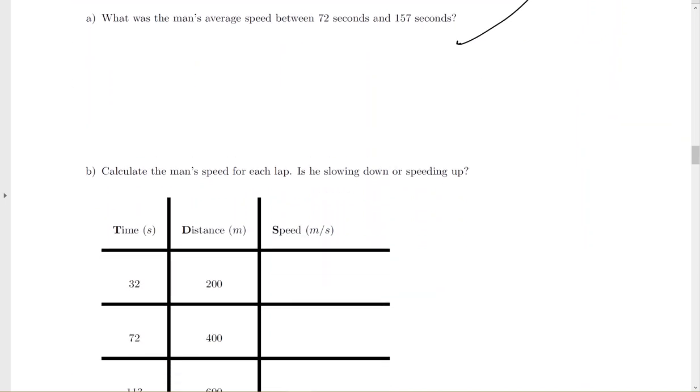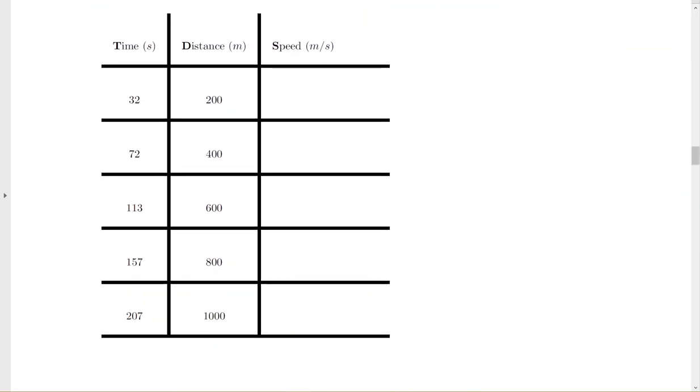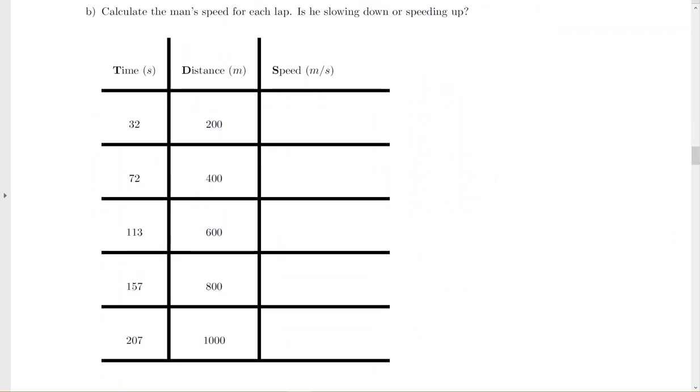Part B, calculate the man's speed for each lap. Is he slowing down or speeding up? All right, so we're going to start with a time, a distance, and a speed, which is going to be 0.